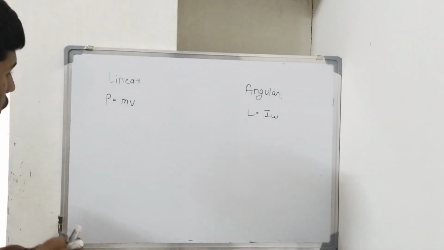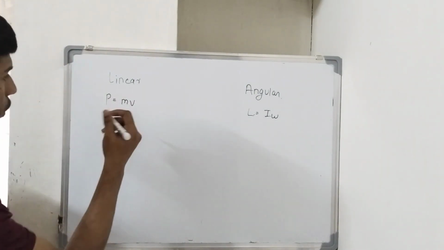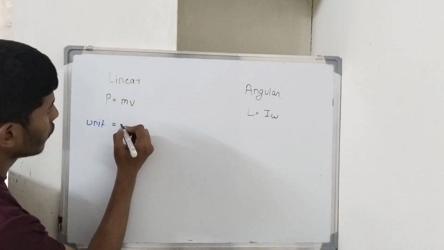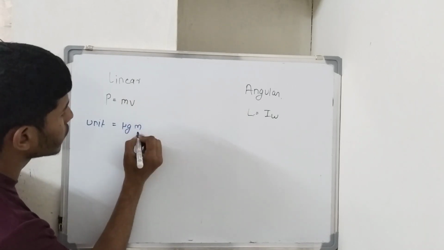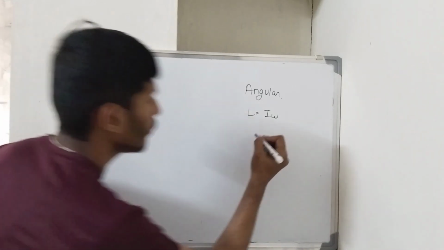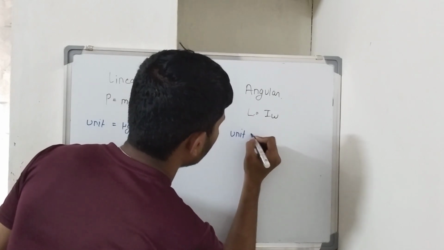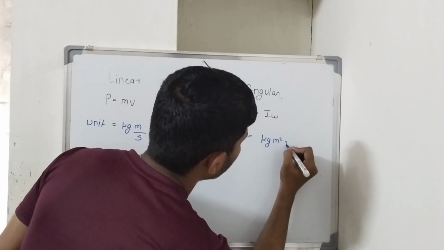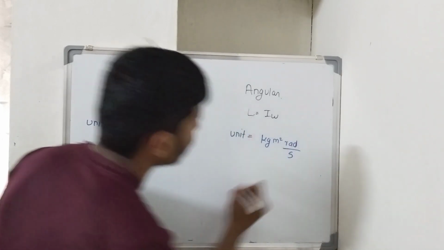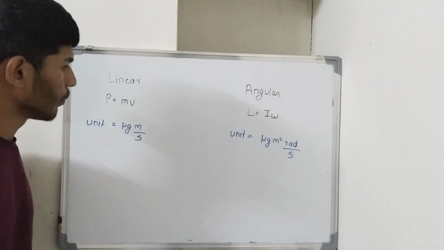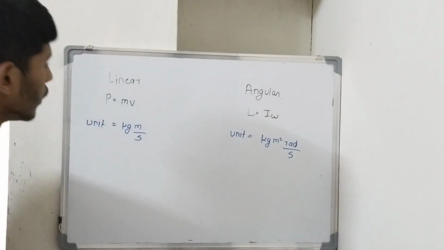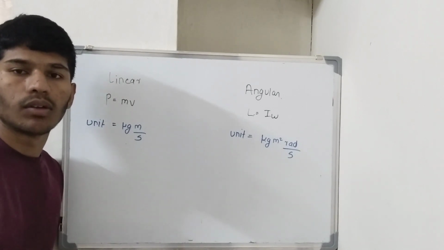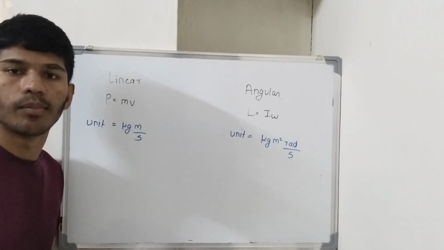Now, talking about the unit of both, kg meter per second will be the unit for linear momentum, and the unit for this will be kg meter square radian per second. This will be the unit for angular momentum. Now you will आपको एक brief idea आ गई होगी that what is angular momentum and what is linear momentum.